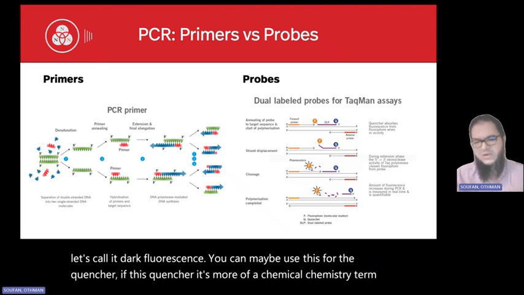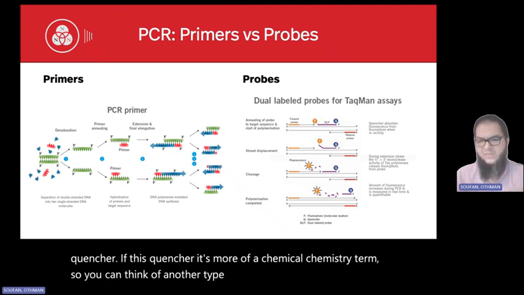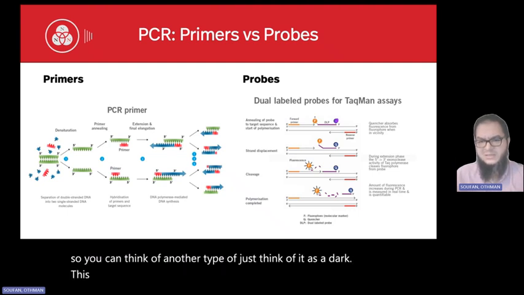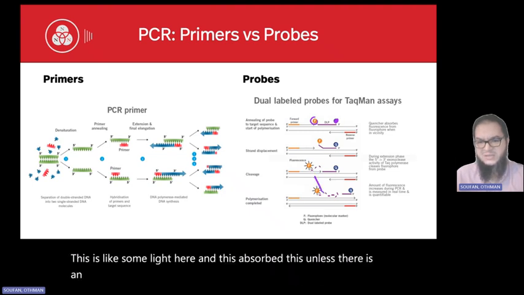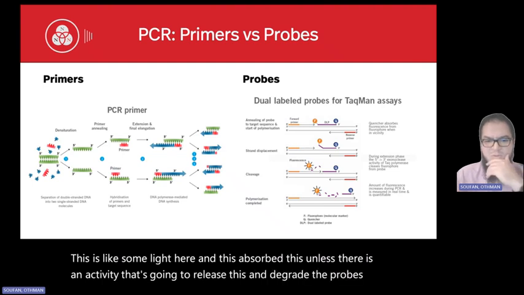So you can think of another type of, just think of it as a dark quencher. There is some light here, and this absorbs it unless there is an activity that's going to release this and degrade the probe.